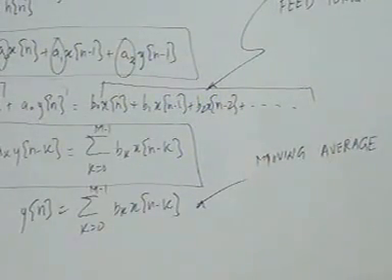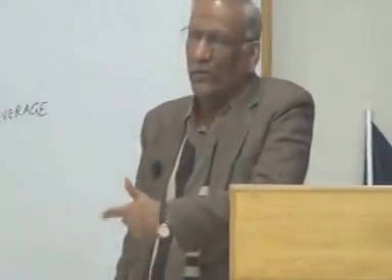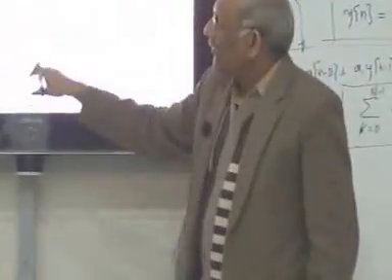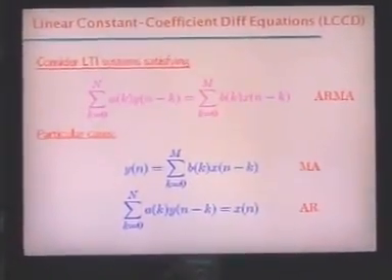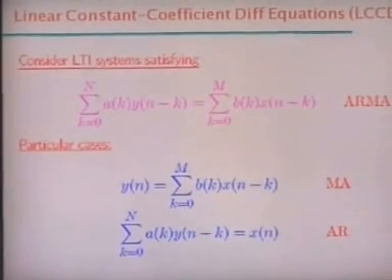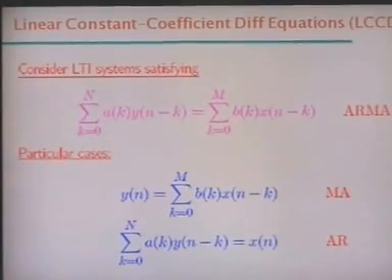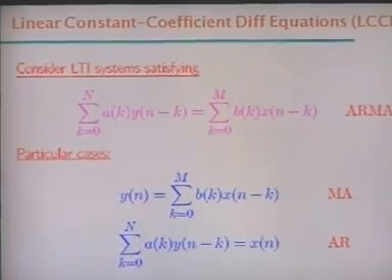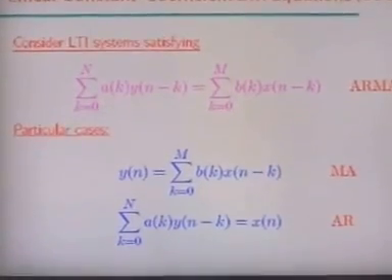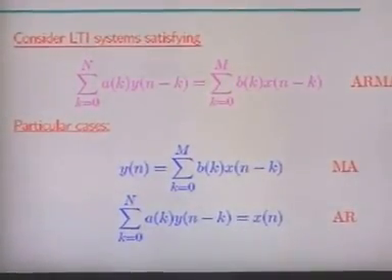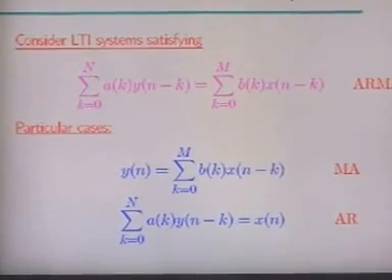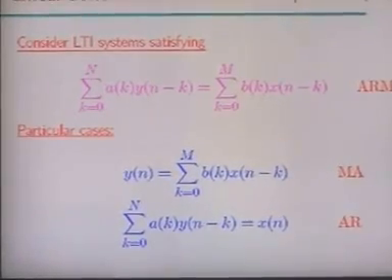And if we have no feed forward term, just the present input and no previous inputs involved, and just previous outputs which are fed back, that means we don't have all these terms, only the present x of n is there, and the rest is a combination of previous outputs. Then we will have an equation like this. That type of system we call the autoregressive system.